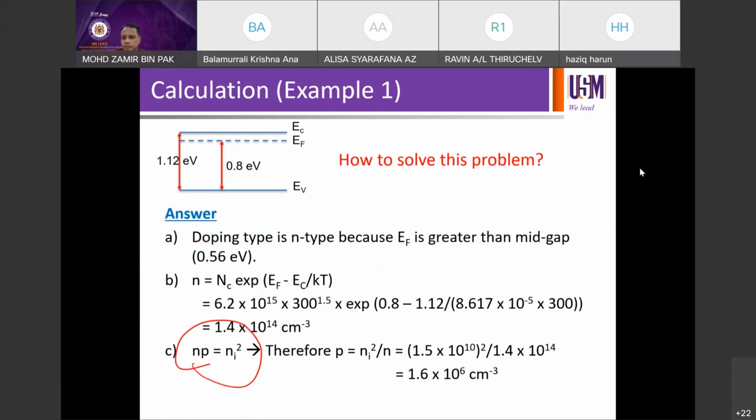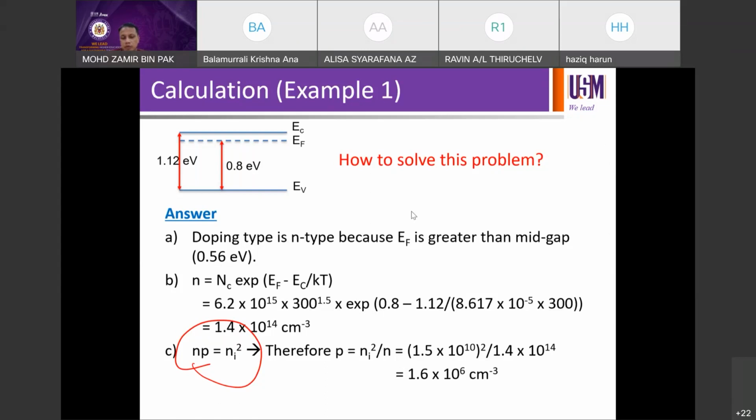Law of mass action, right? So whenever you are asked to determine the minority carriers, go back to law of mass action. That's it. Okay, minority carriers use law of mass action, np squared.